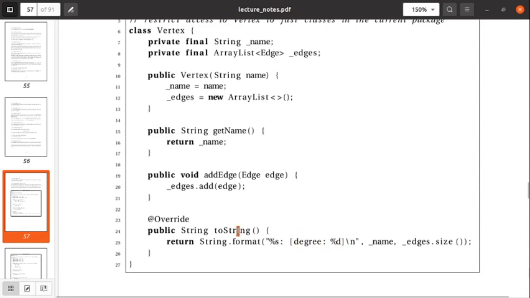And then another pattern that I want you to develop the habit of early on for debugging is to provide some form of toString method. So both Java and C# by default have a toString method that you can override in any class declaration that you make. And I encourage you to get in the habit of doing that. So there are some classes that work, and they're static classes, and they don't actually have an instance of that object.